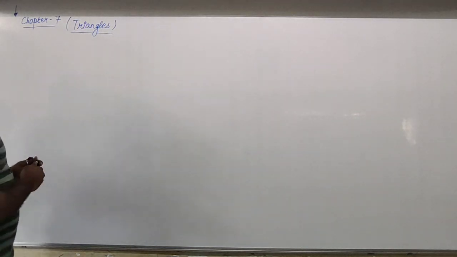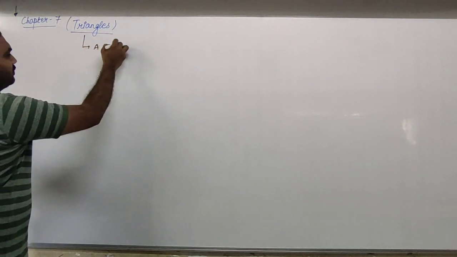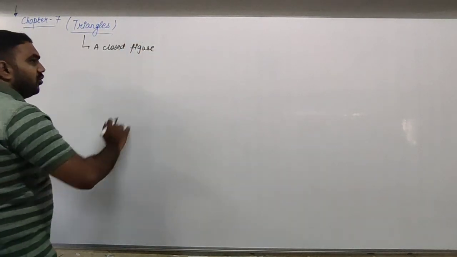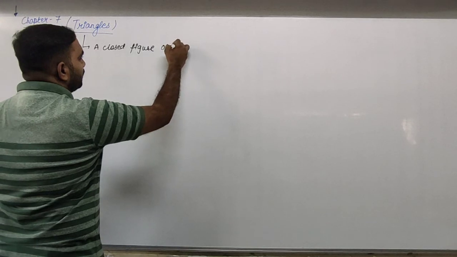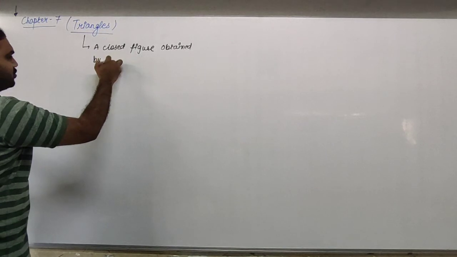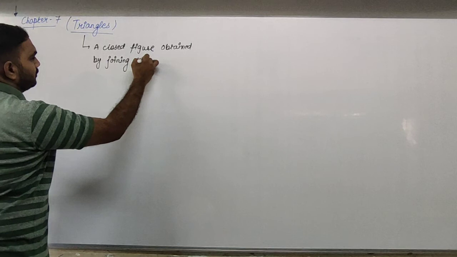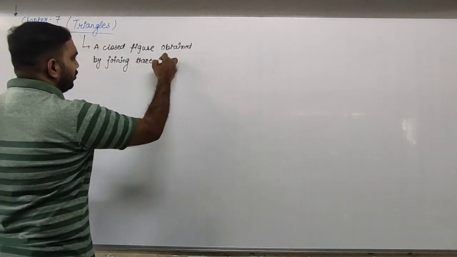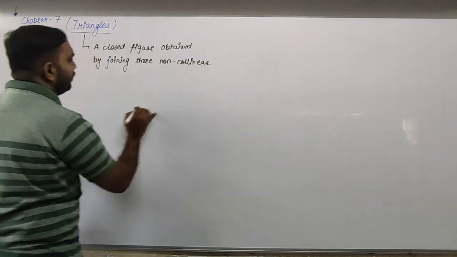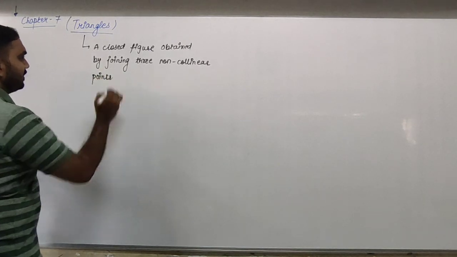So a triangle is nothing but a closed figure obtained by joining three non-collinear points. By joining three non-collinear points, right?